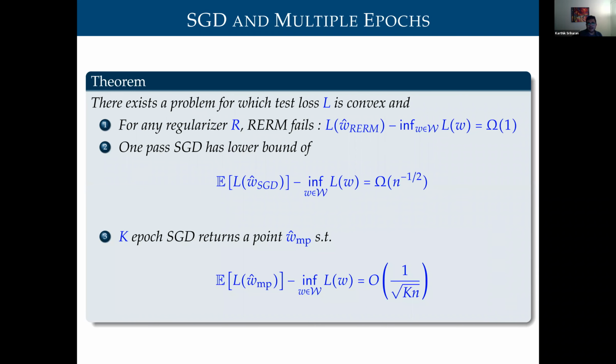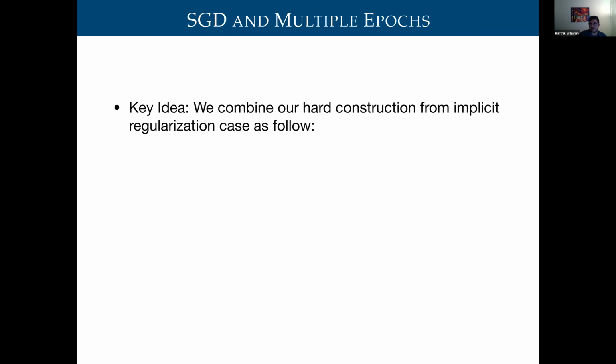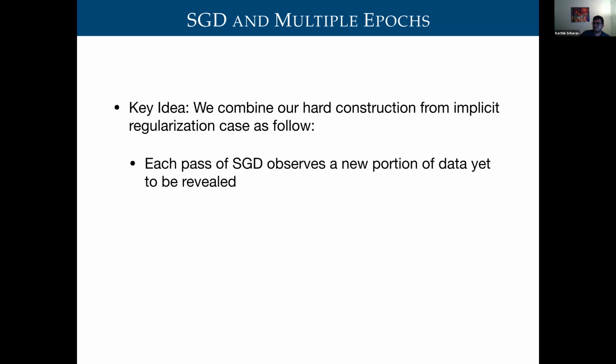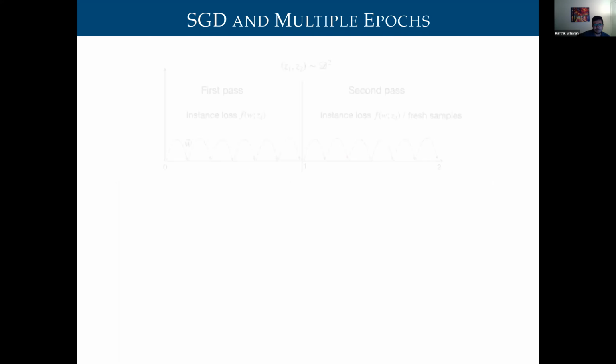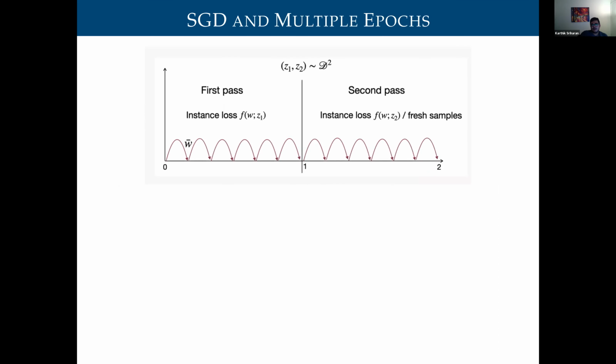Since I'm running out of time, very quickly, let me give you the key idea. We combine our example from the first part on implicit regularization. Actually, I'm just going to go to this slide. The high level idea is that each time I go to the next epoch, it's as if I'm getting a fresh sample.